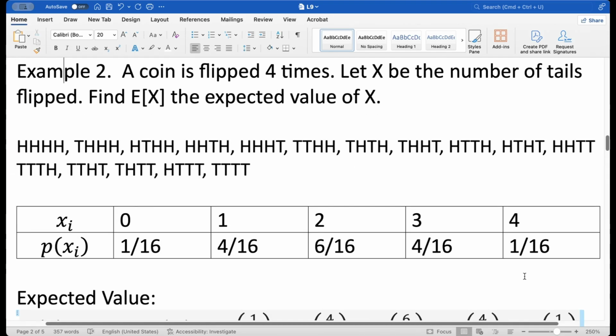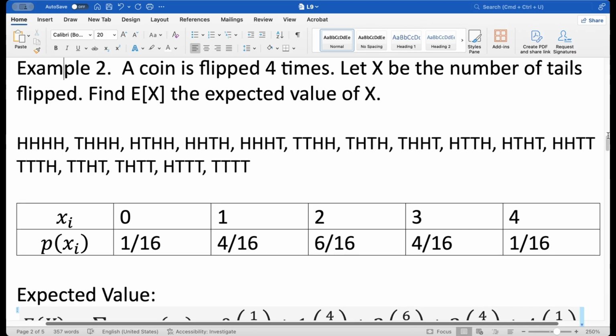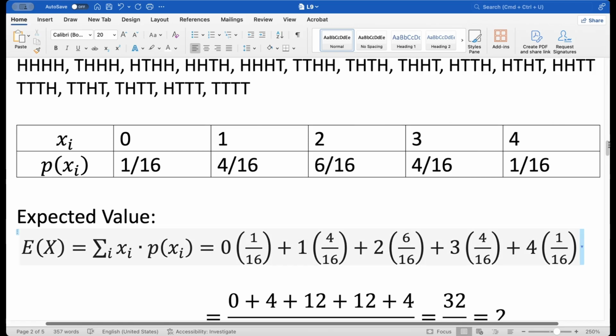You're flipping 4 times. It's reasonable to think that you're going to get two H's and 2 T's. That doesn't mean it's going to happen that way, but in the long run, we expect the mean to be 2 out of 4 tails.